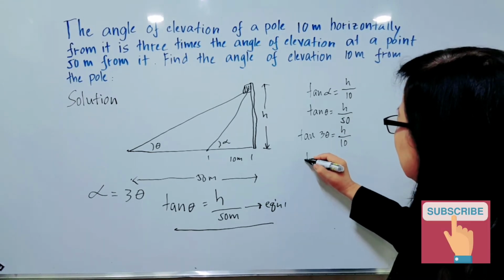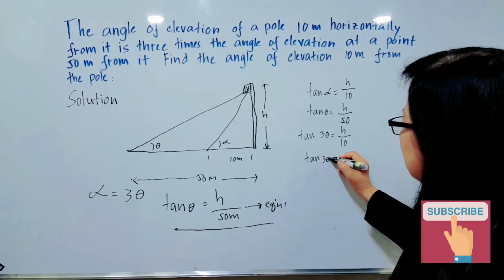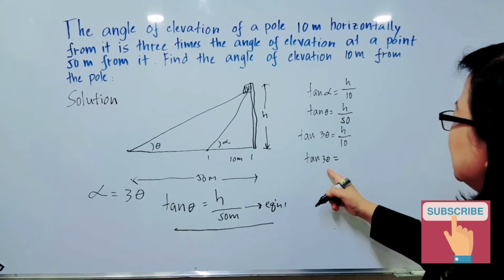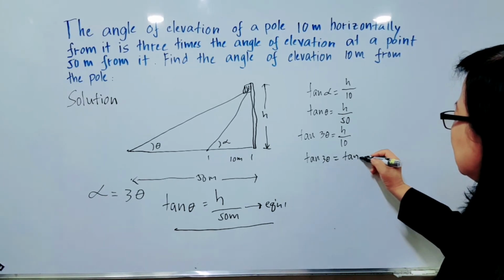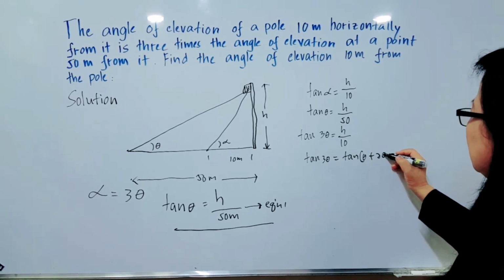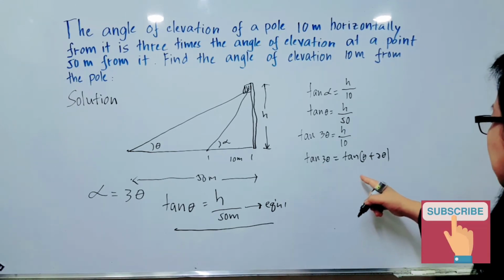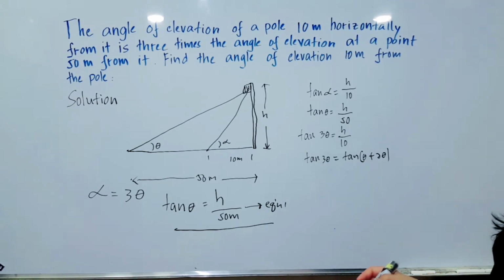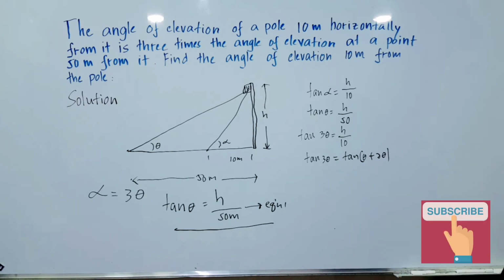Tangent 3 theta can be written as tangent of theta plus 2 theta. Pwede yan masulat yan. Ngayon, merong trigonometric identities of this tangent function.